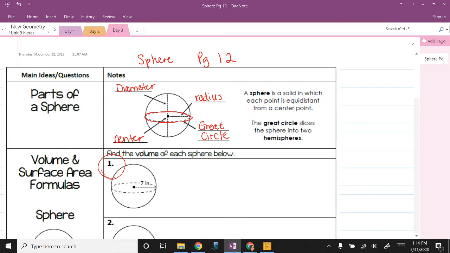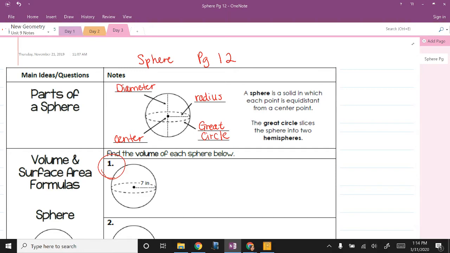So if I were to slice my sphere, the great circle is the largest circle in the middle. Because if you notice, if I were to slice it in other places, the rings would get smaller and smaller as I get closer to the edges. So the great circle is the largest circle, which would go through the very center of the sphere if I were to slice it.